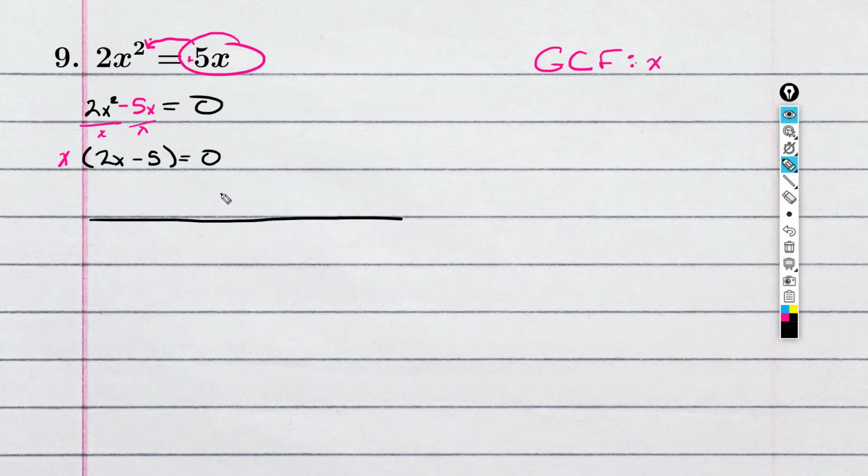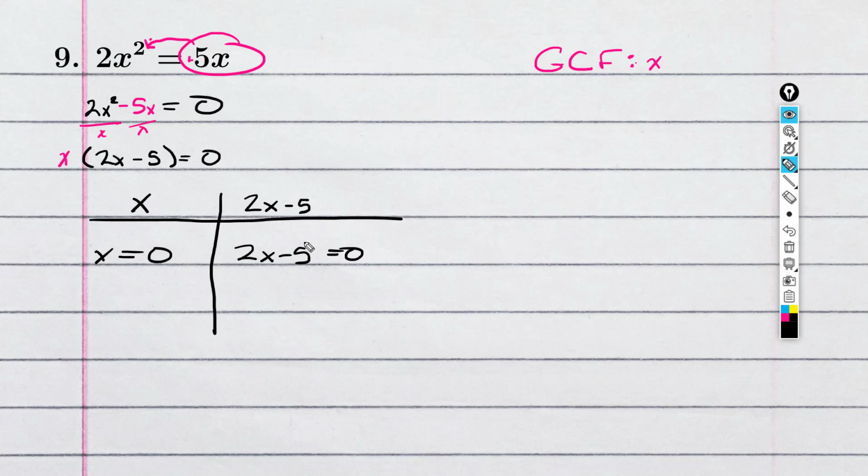Now that we have our factors, make our little chart and we list our factors, 2x minus 5 and x. I'm going to set each of those equal to 0. And so x equals 0, we're done with.